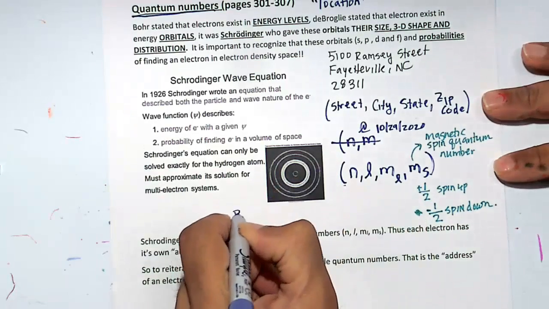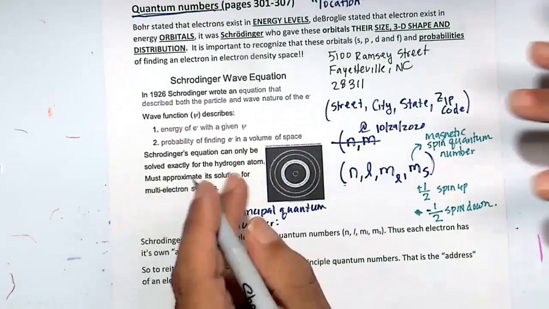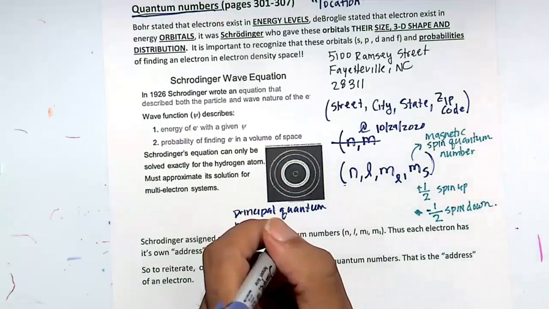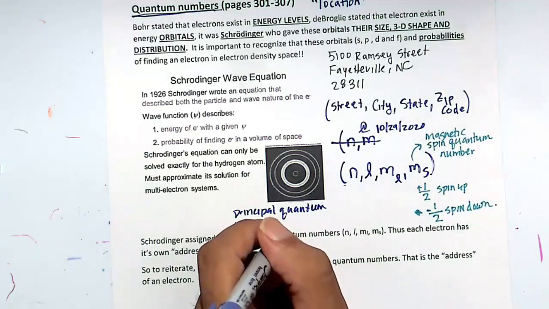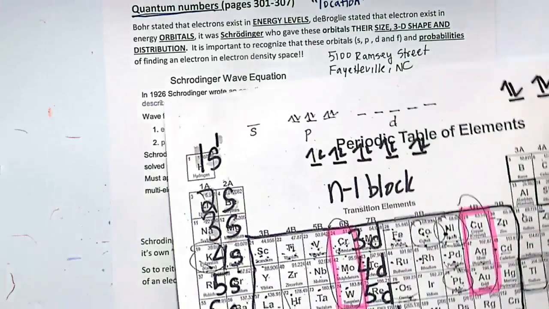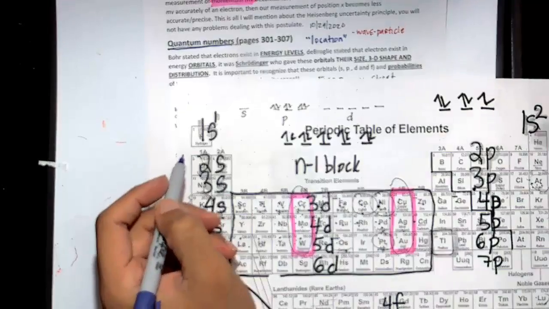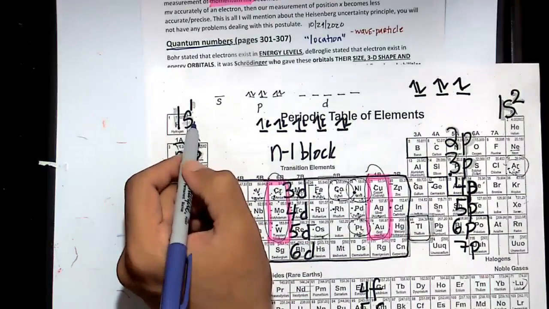All right, n is the second easiest quantum number. This is called the principal quantum number, and it's easy. It's basically the row in the periodic table. So the principal quantum number is the row. So this is row 1, that would be n equals 1. This would be row 2, n equals 2.